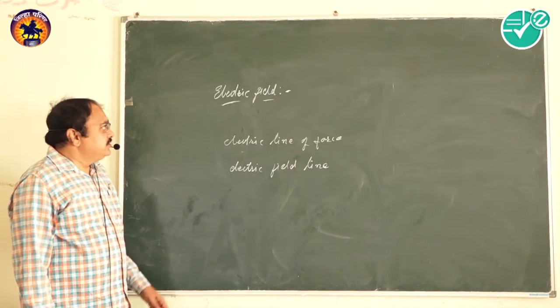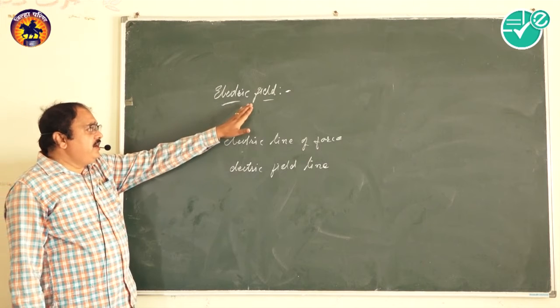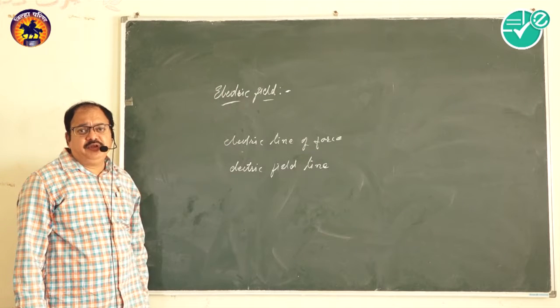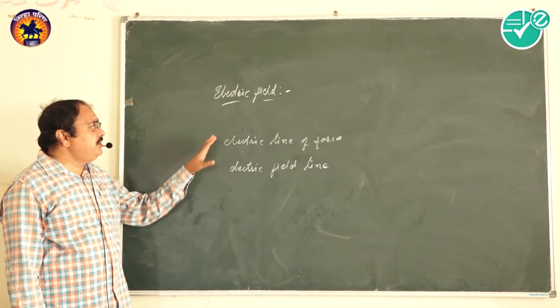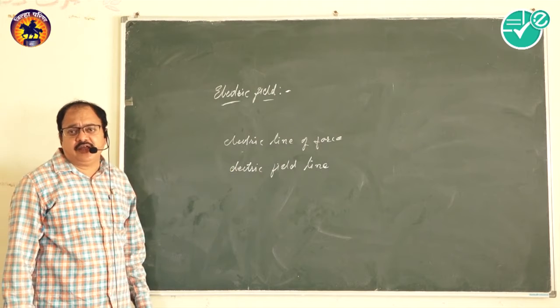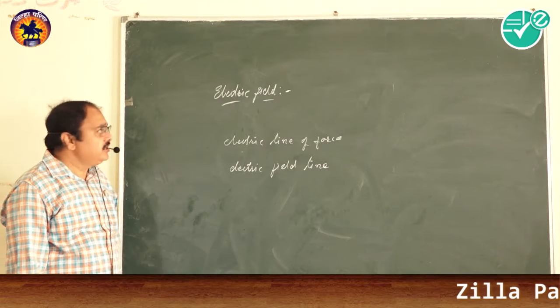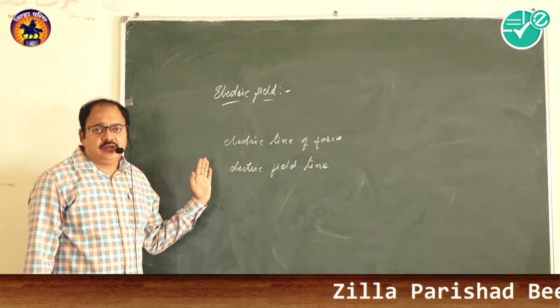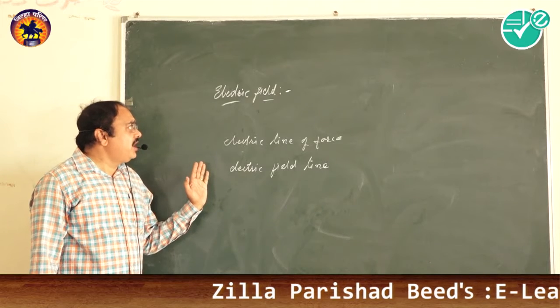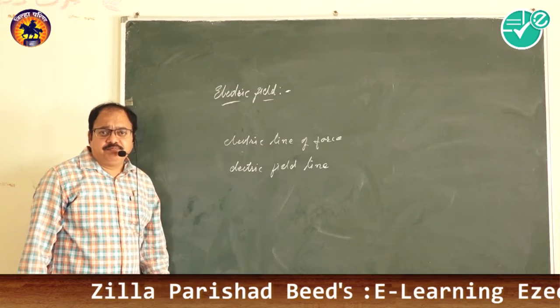Now, we know that electric field is a vector quantity. That means for the representation of electric field, we have to specify magnitude as well as direction. It is given by the letter E.